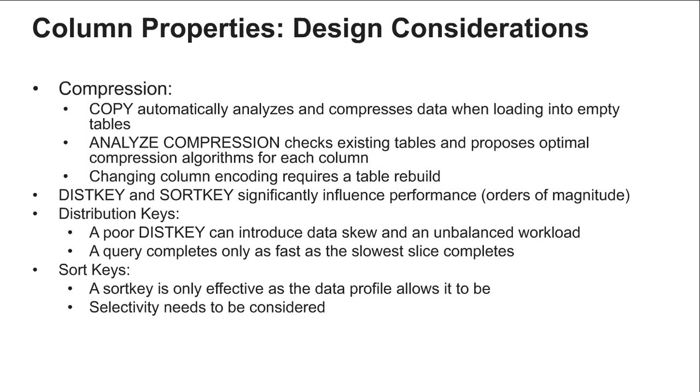So just a little bit into the design considerations here. The column properties that really influence performance: the first thing is distribution keys. They have the largest, or can have the largest, impact on performance. The next are sort keys, and then compression after that.